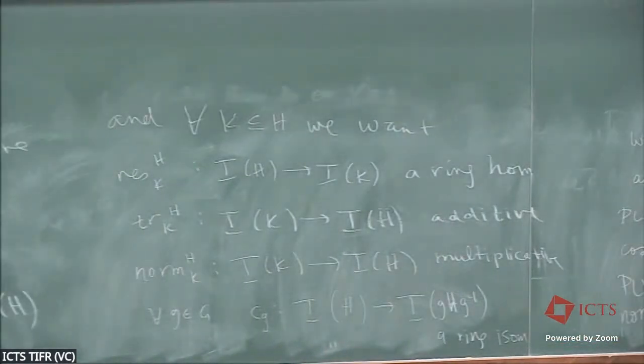The distributivity is a little complicated. I'm going to give an example, but before that, let me give an easy example of a Tambara functor to orient your thinking about this.